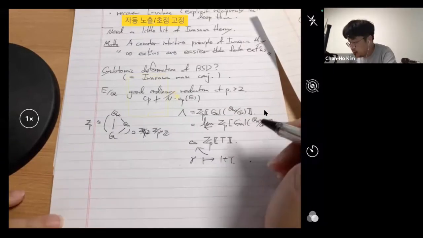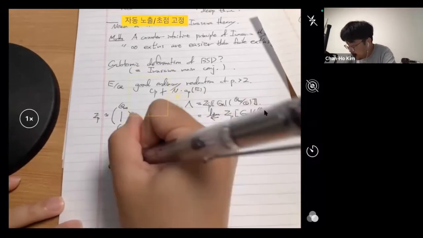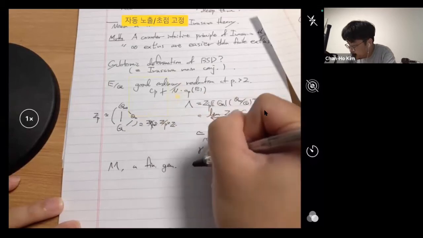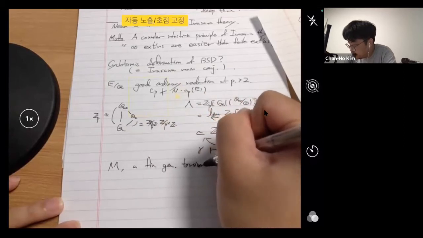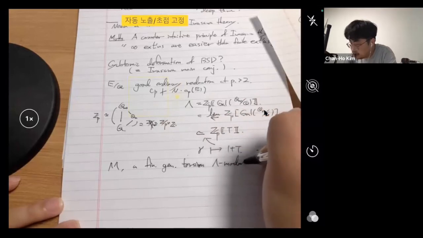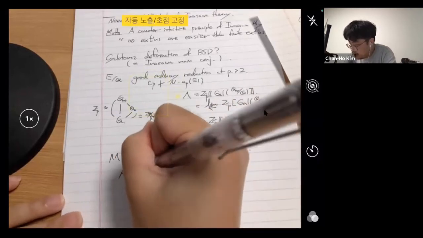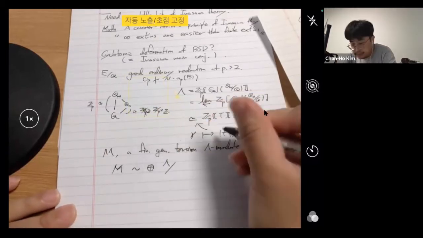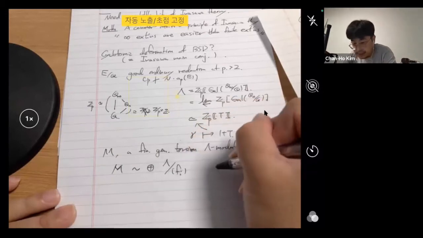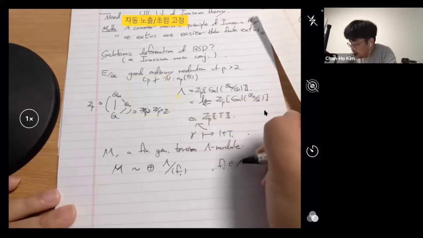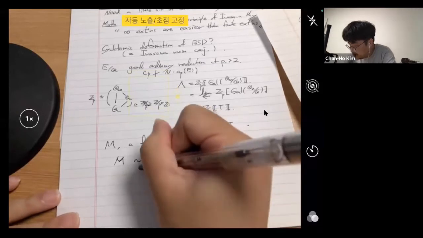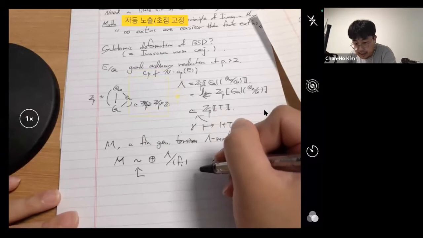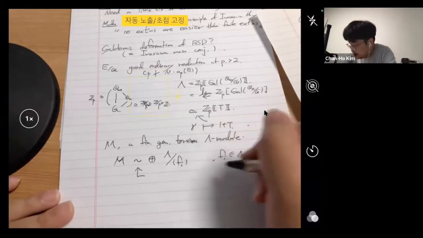And if M is a finitely generated torsion Lambda-module, then M is pseudo-isomorphic to the following modules Lambda/(f_i), where the f_i are elements in Lambda. Pseudo-isomorphic means there exists a map from M to here, but the kernel and cokernel are finite.